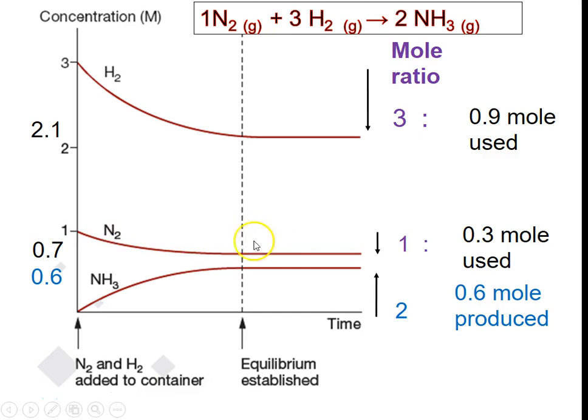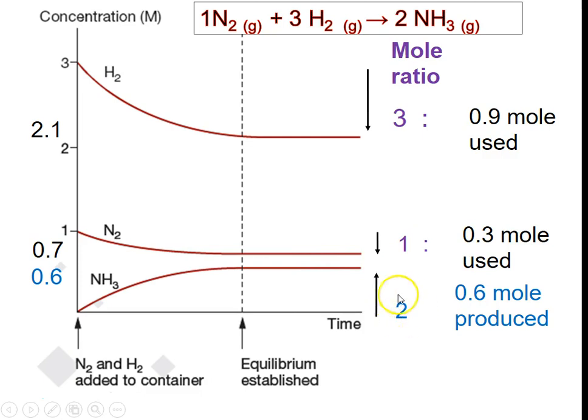The drop is a mole ratio amount. So if this drops the equivalent of 1, then the length of that line, you would increase that by 2. So you're making that go up 2. And you would drop this 3 of that line.